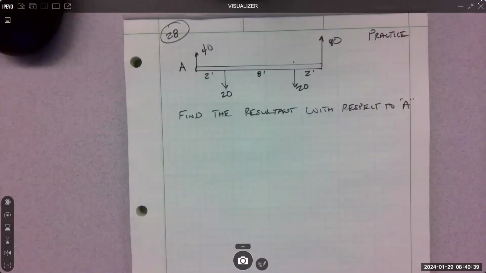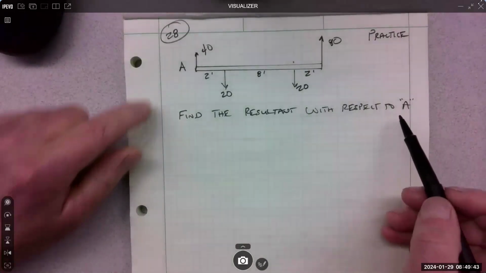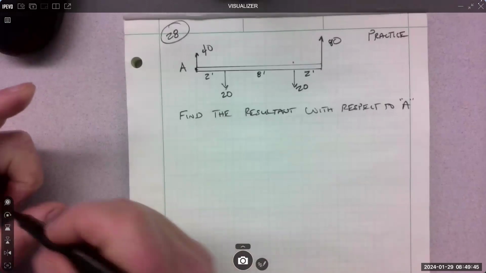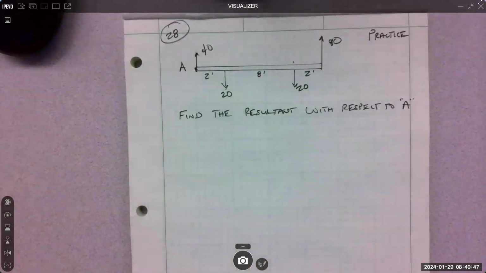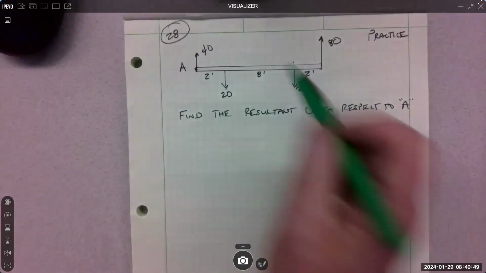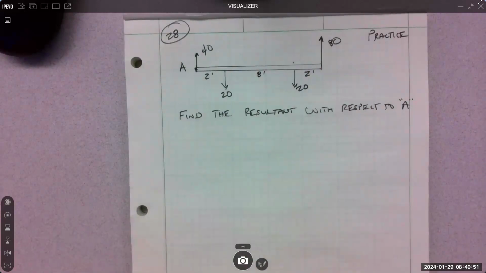So, another find the resultant. When they say with respect to A, that is where typically you're going to collect your forces. A non-concurrent system means we have to use moments.